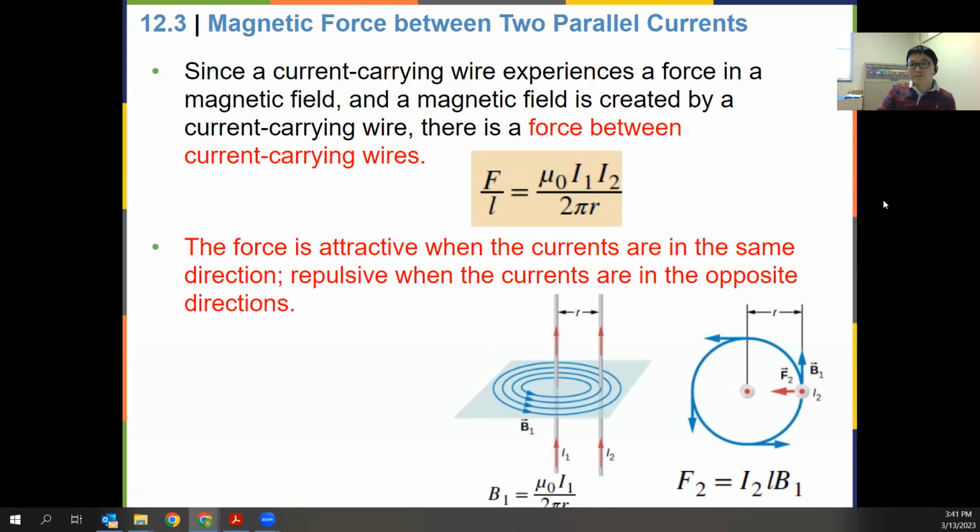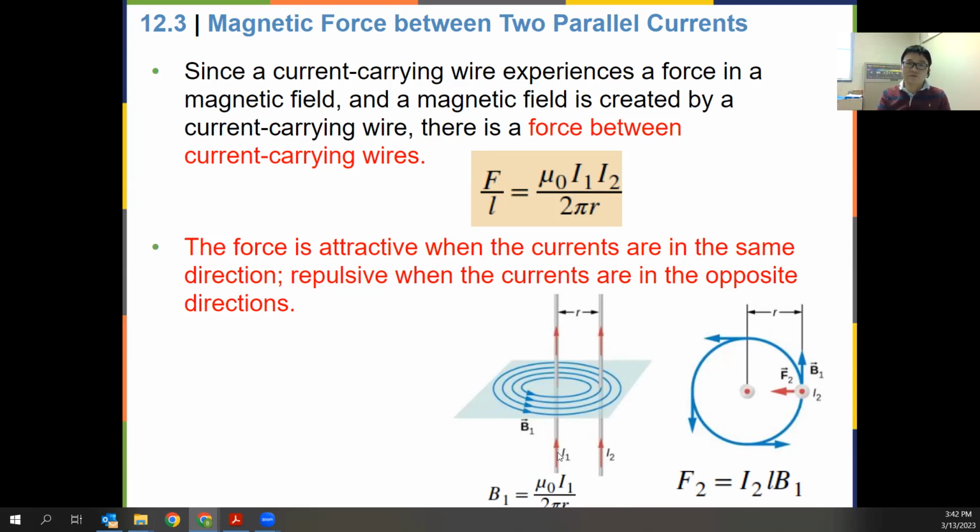Imagine the first one producing the magnetic field in the blue circular curves. The second wire is now in the presence of that field produced by the first one, so it experiences a force F2 equal to I L B, where B is produced by the first wire.